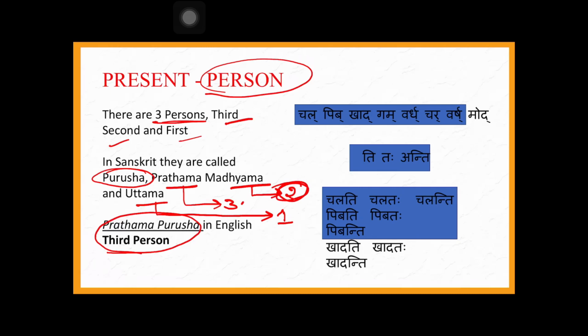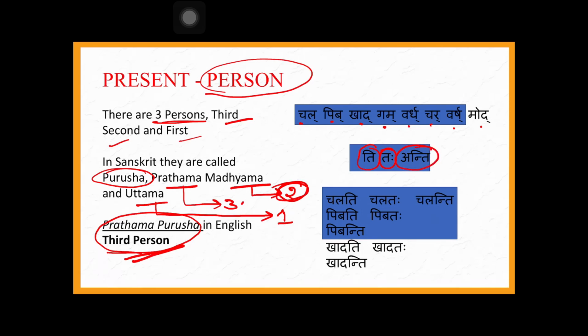The same way, chalati, pibati, khadati, gachati, vardhate, charati, varshati, modate. All of them will be coming under third person. And then what about this ti, tah and anti? There is a point.